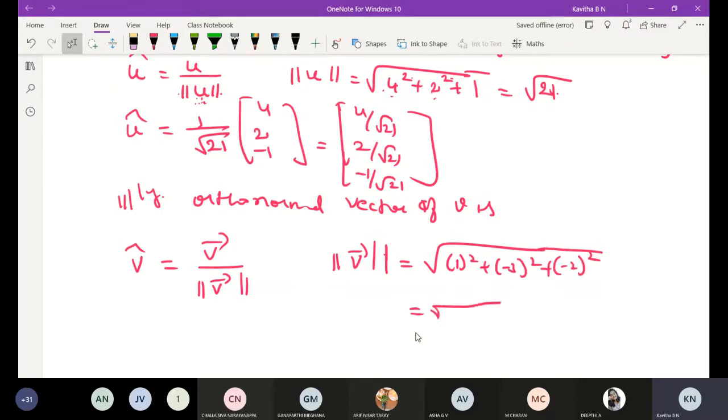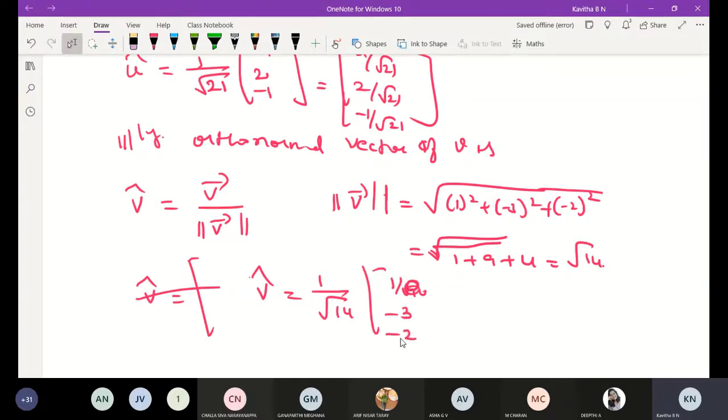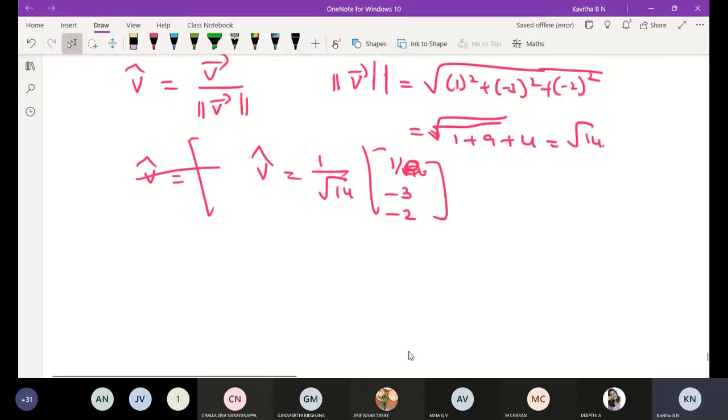You will get 1 plus 9 plus 4, that is 14. Then v cap is equal to 1 by square root of 14 into 1, minus 3, minus 2, that is 1 by square root of 14, minus 3 by square root of 14, minus 2 by square root of 14.